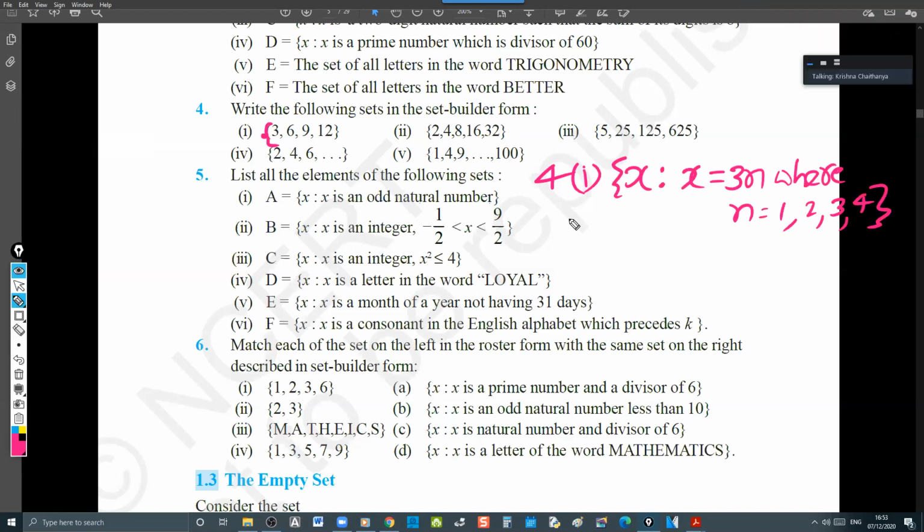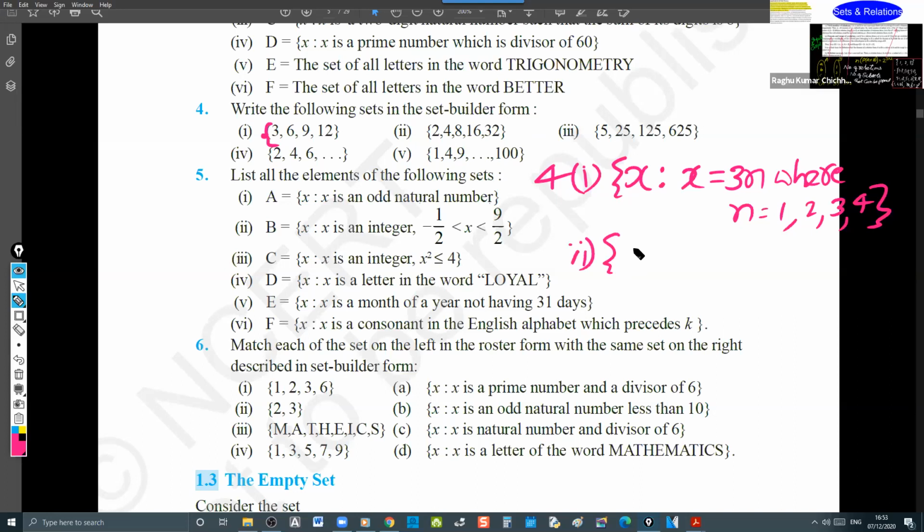For the second one, x such that x is equal to 2 power n, where n is equal to 1, 2, 3, 4, and 5. Very good.